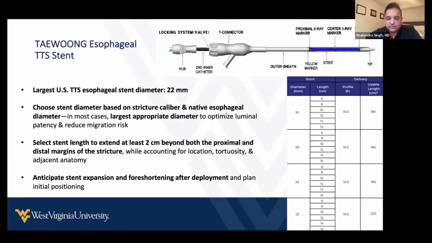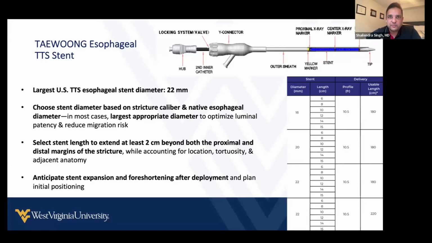Always, if you are in the duodenum, you also have to account for any tortuosity or the angulation that the stent is going to take. Also anticipate the expansion. Usually there is a 2 to 3 centimeter foreshortening of the stent.